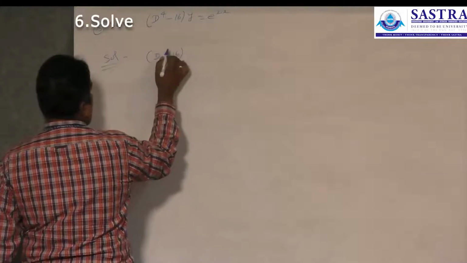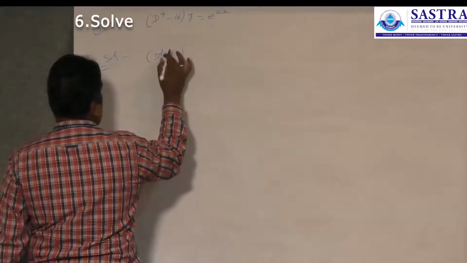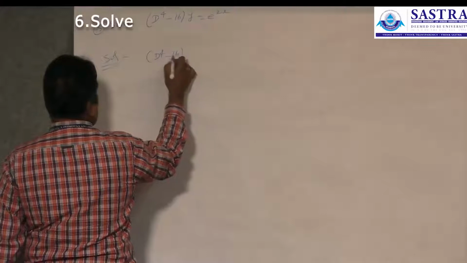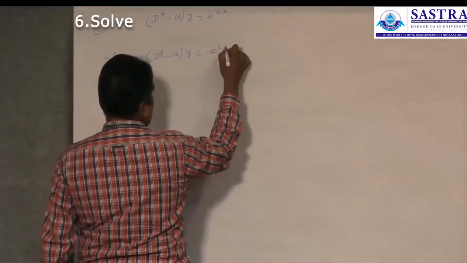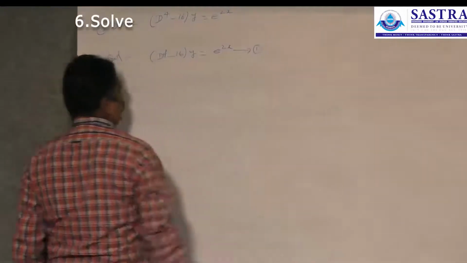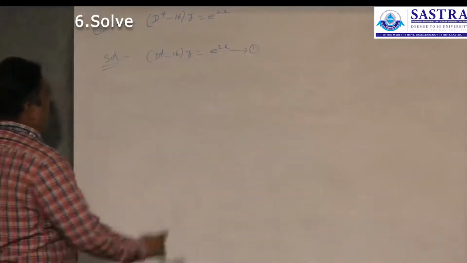(D power 4 minus 16) y is equal to e power 2x. It is a fourth order equation.